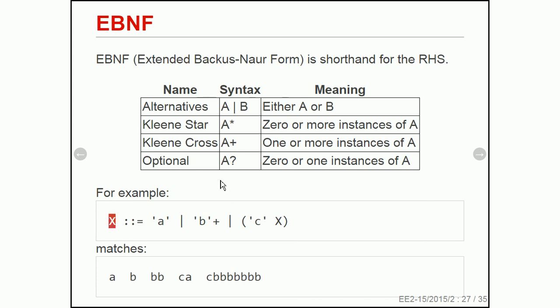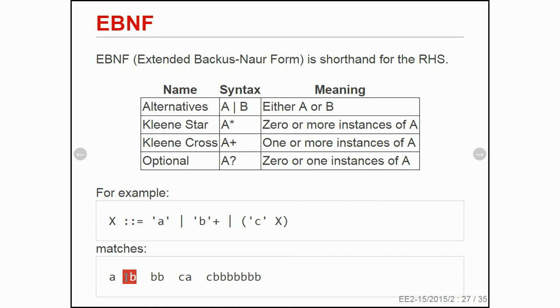So we're defining what this left-hand side can be, and the first thing you see is we've got two pipes here, which means that this is one possible derivation, this is another possible derivation, and this is another possible derivation. So rather than using three production rules in a formal grammar, we've got one single rule with three alternatives. Looking at the definition of the thing, well, one possible derivation of X is A. So that will match this case where X is simply the single character A.